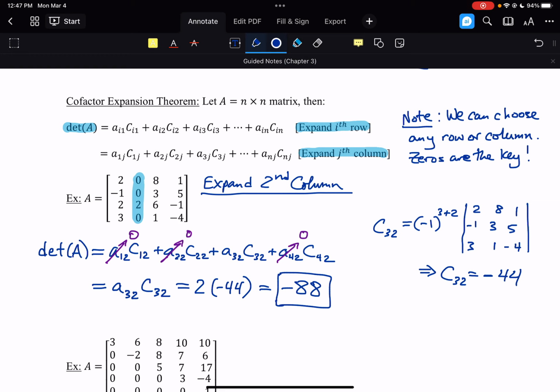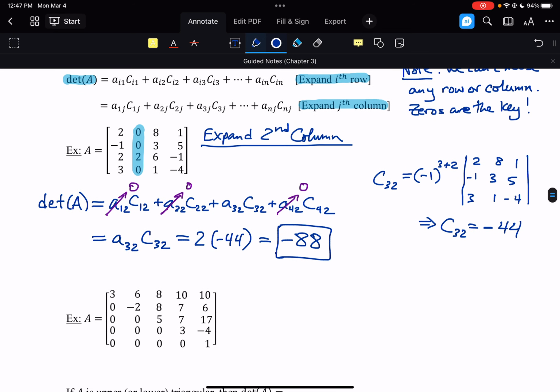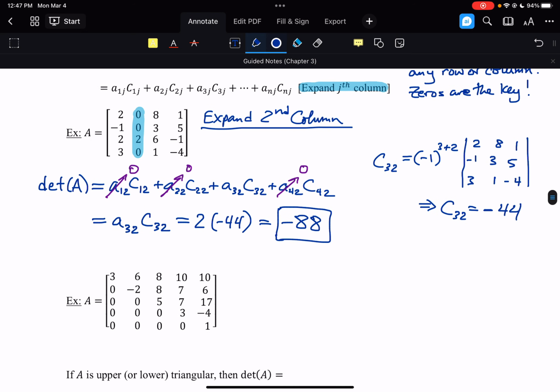Now, let's take a look at a bigger example. So in this example right here, we have a new matrix that is 5 by 5. To compute the determinant of this one, we need to expand any row or column.